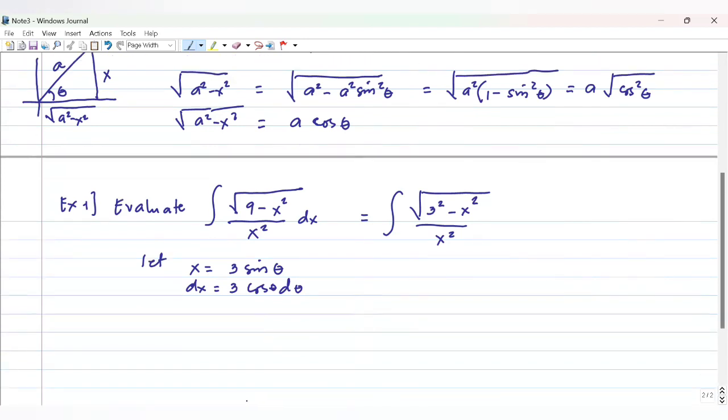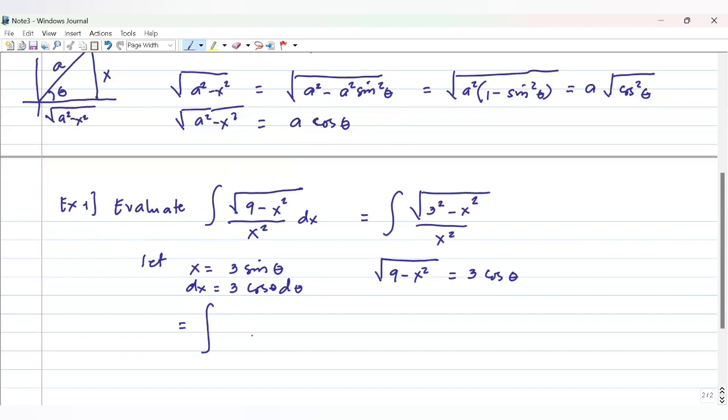So therefore, substituting this one, that will be the integral of our square root of 9 minus x squared, which also is equal to 3 cosine of theta.